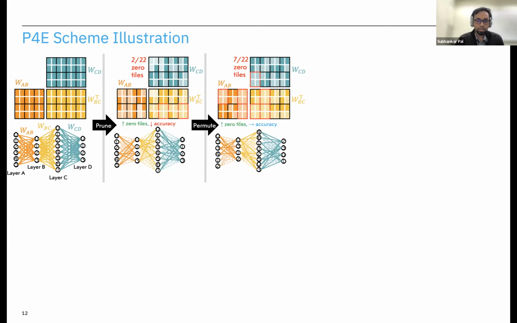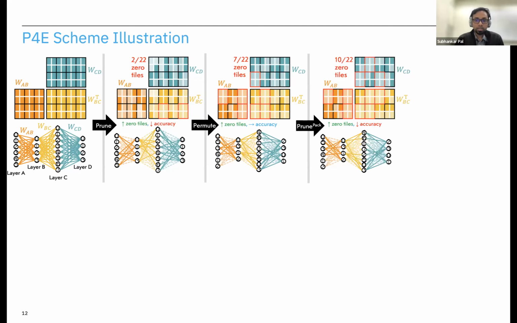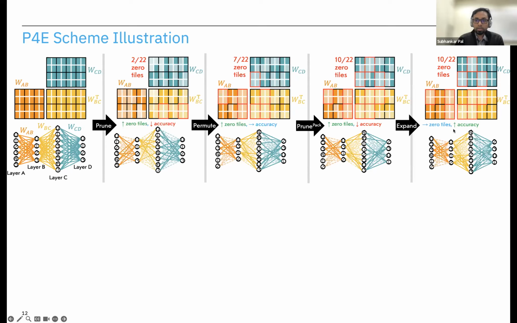It's not affecting the functionality. Then the prune pack step I explained prunes away tiles with just a few non-zeros. Here there was one non-zero, so we pruned this away, for example. So it increases the number of zero tiles, and reduces accuracy a bit. And then expand. Expand does not change the number of zero tiles, but increases accuracy. So these are the steps involved in P4E.